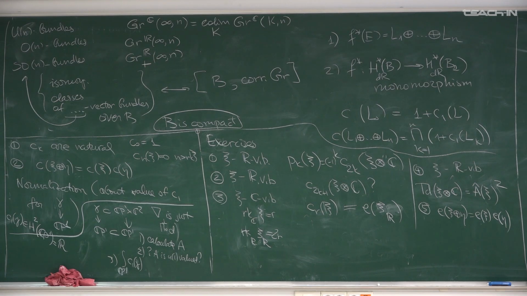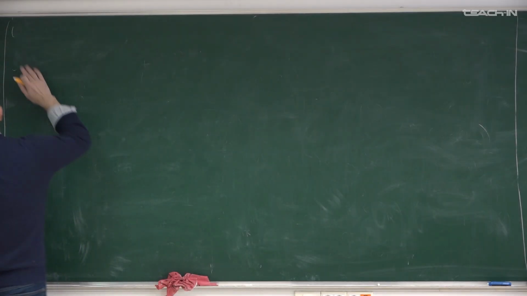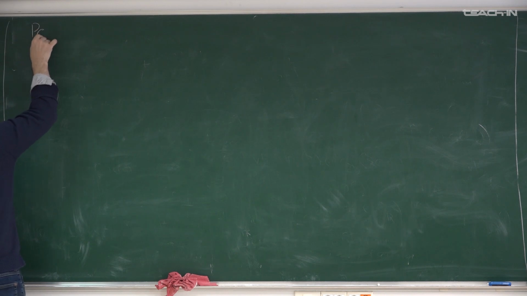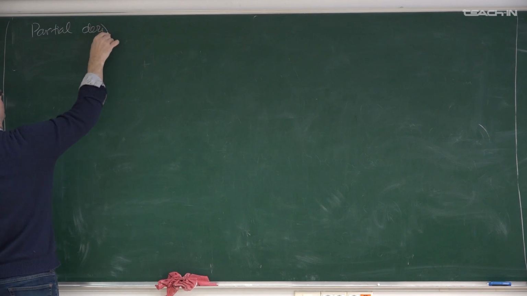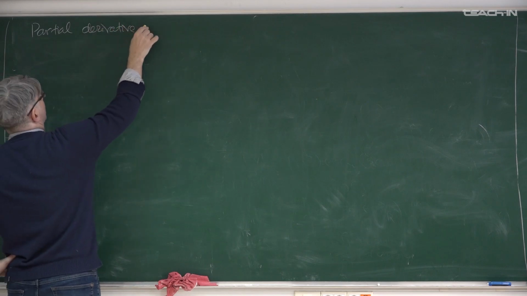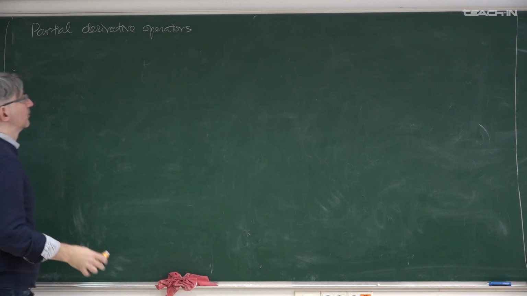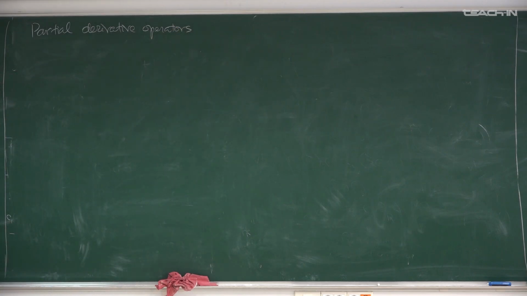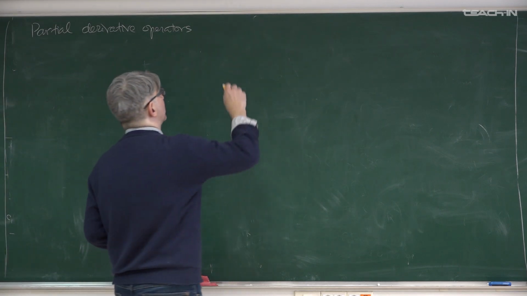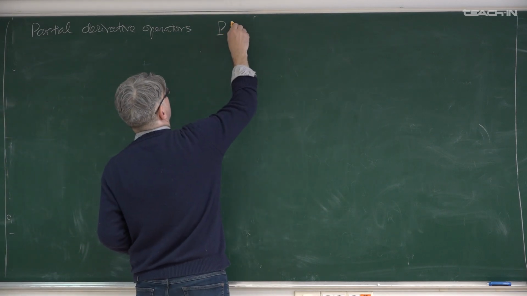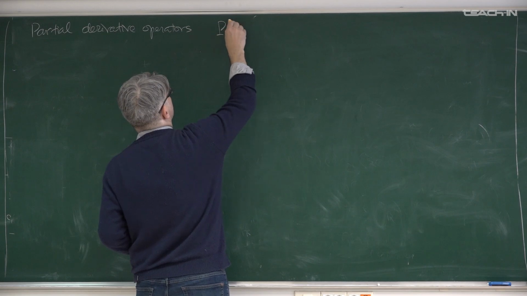Okay, so now characteristic classes are over. We know everything. Now let's speak about differential operators. We will speak about partial differential operators, and we will write for them the abbreviation PDO.